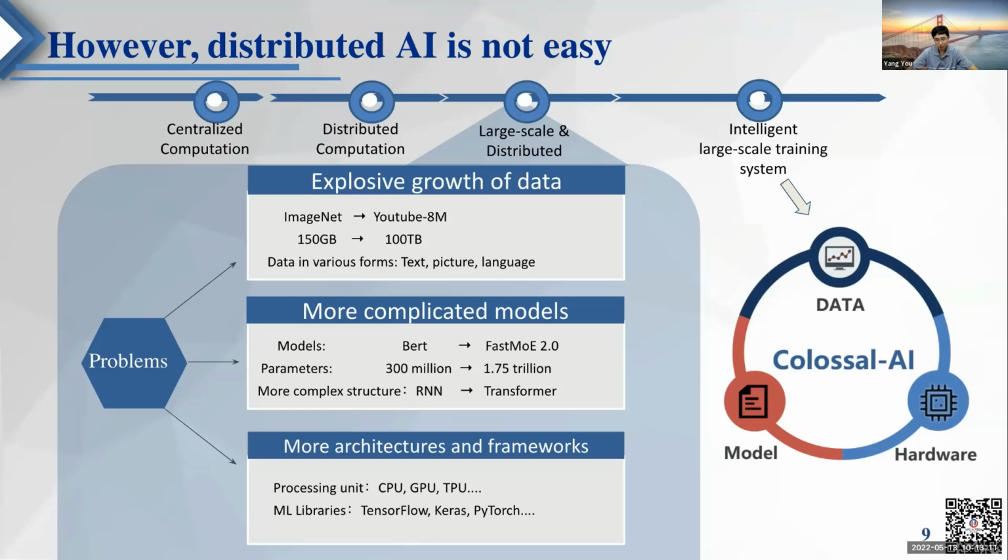We also have many computer architectures and AI training frameworks, like CPU, GPU, TPU, or ML frameworks like TensorFlow, Keras, PyTorch, Pathways. All these three factors make distributed AI more complicated and inefficient.